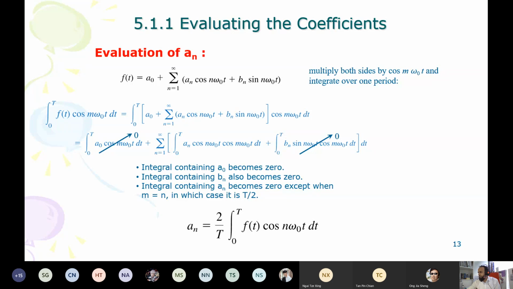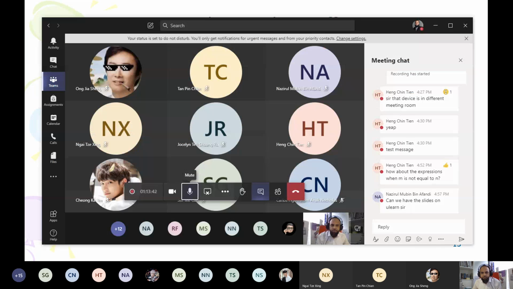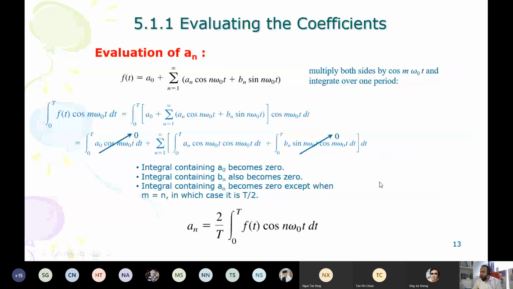How about the expressions when m is not equal to n? Still don't have it. This one or something else?